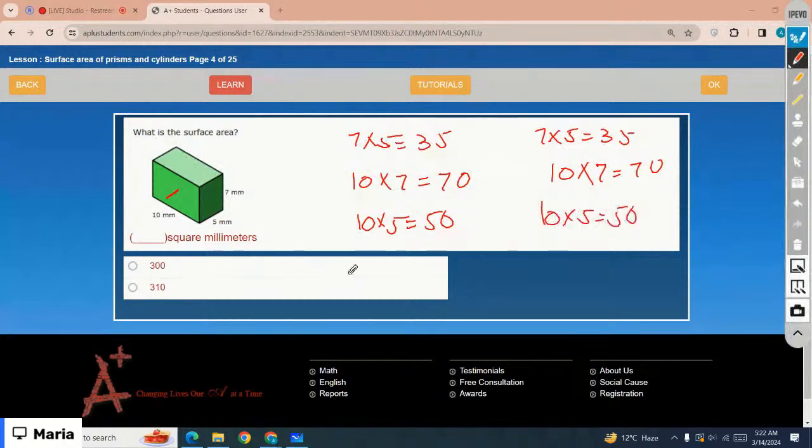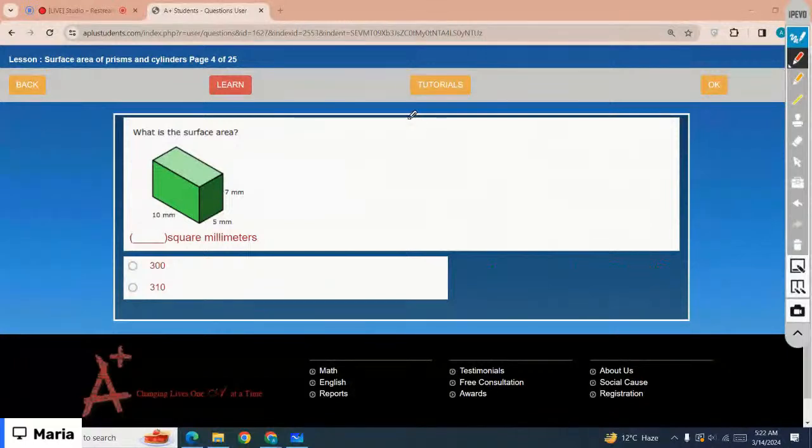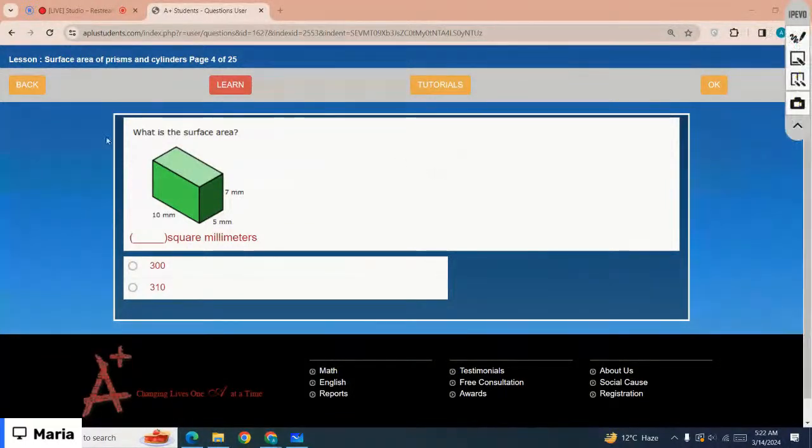You have to add all the areas: 50 plus 50 plus 70, 70 plus 35 and plus 35. The sum of all the areas is 310. So the correct option is 310. Got it? Okay, you can complete the lesson by yourself later today. Let me move on to the next lesson.